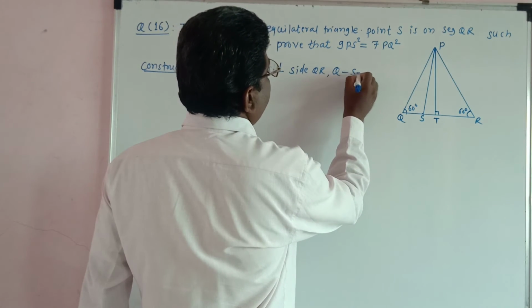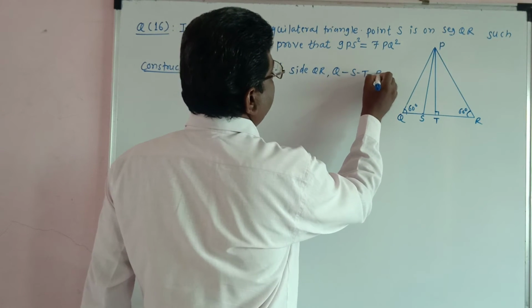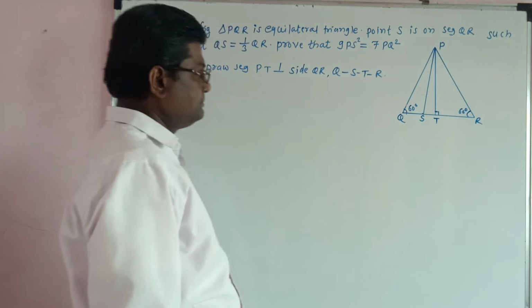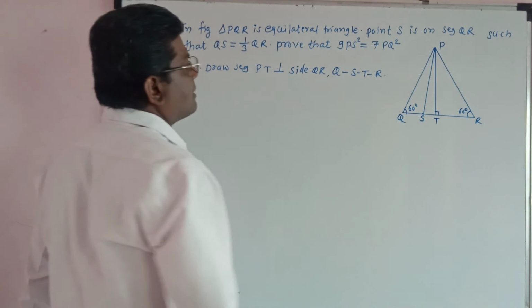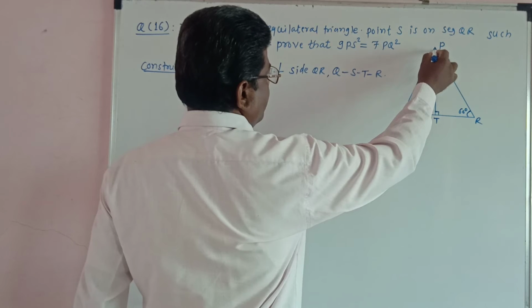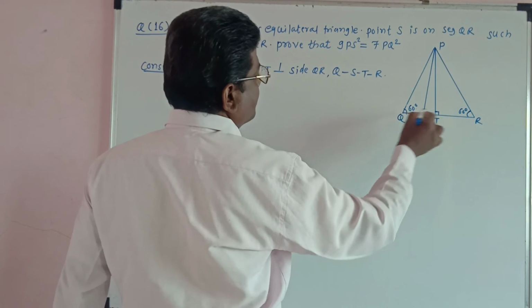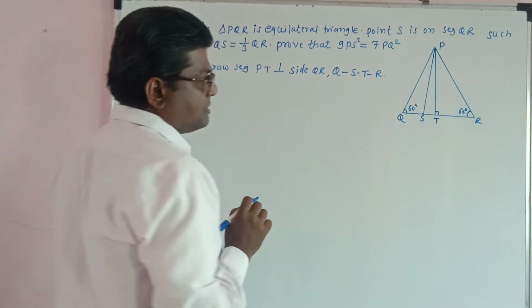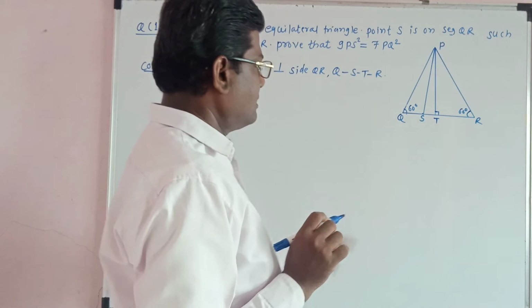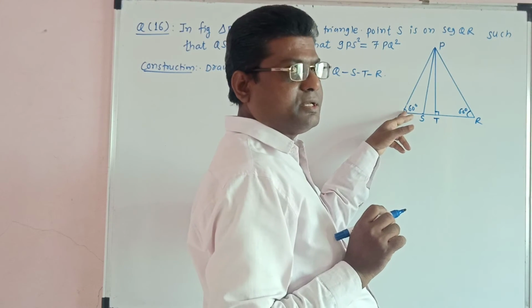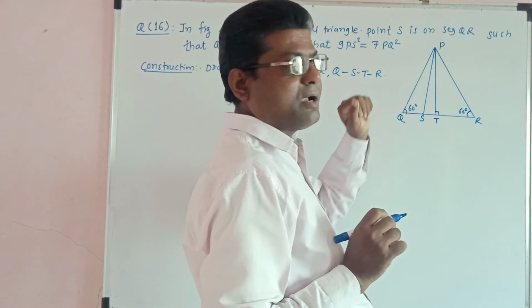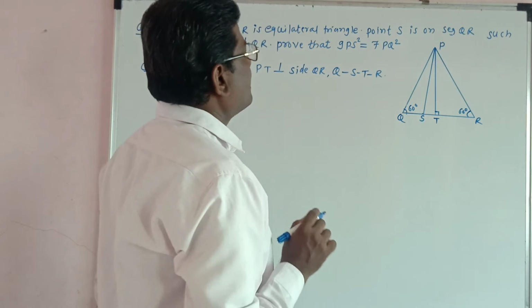Q-S-T are collinear. Now in this triangle PTQ, this angle is 90 degree, this angle is 60 degree, therefore the remaining angle will be 30 degree.